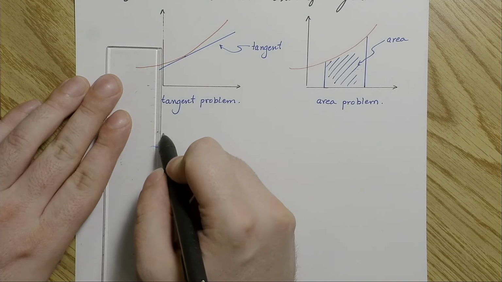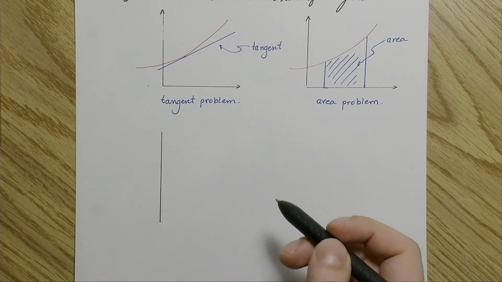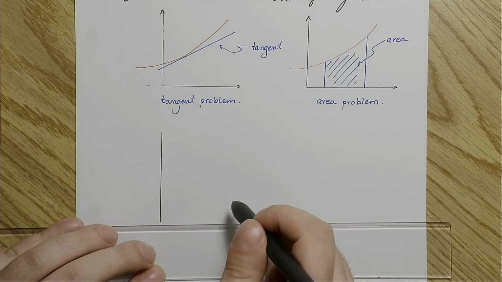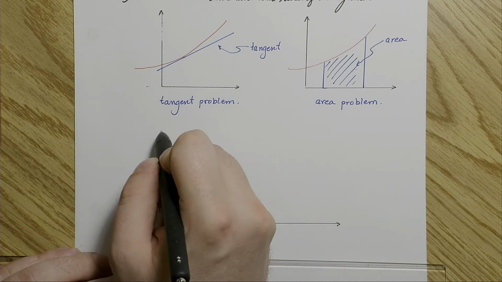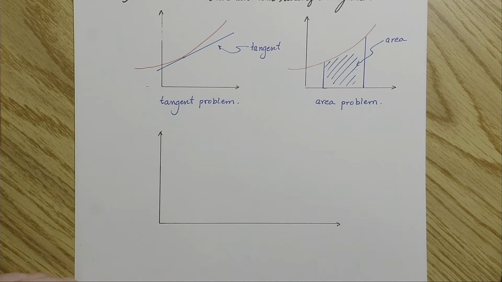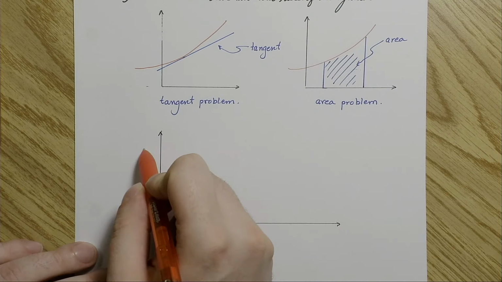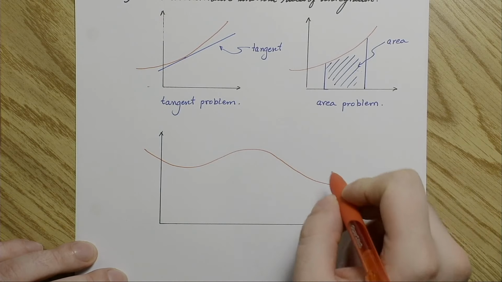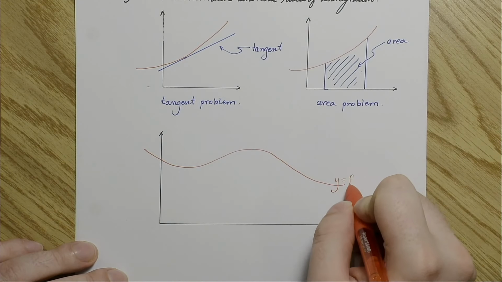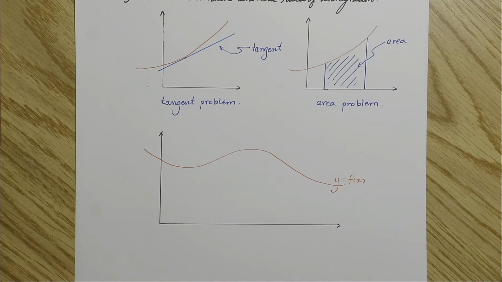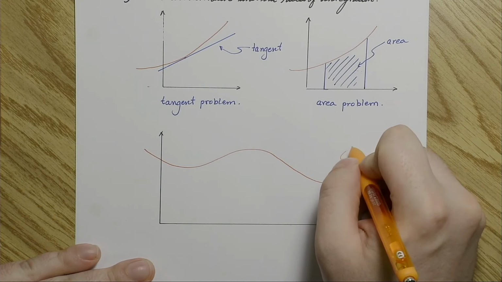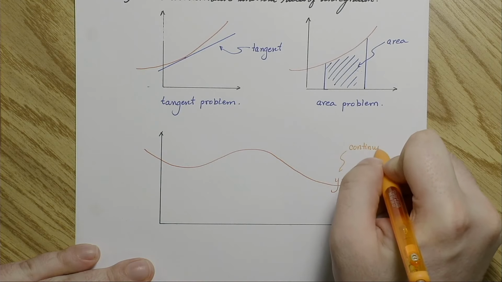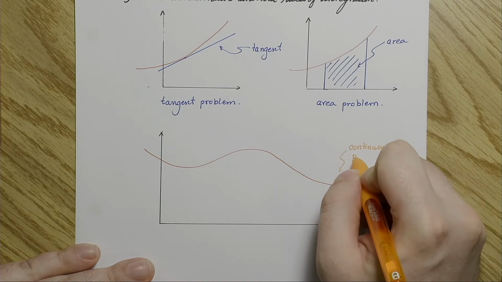So again, I'll just draw these axes. The problem goes like this. I have some curve, y equals f of x. I think it's important to state that at this time it's a continuous function, and it's also positive.